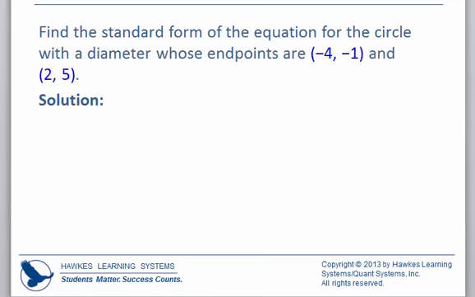Our next example asks us to find the standard form of an equation for a circle that has a diameter whose endpoints are (-4, -1) and (2, 5). If they're giving me the diameter, let's do a quick graph.